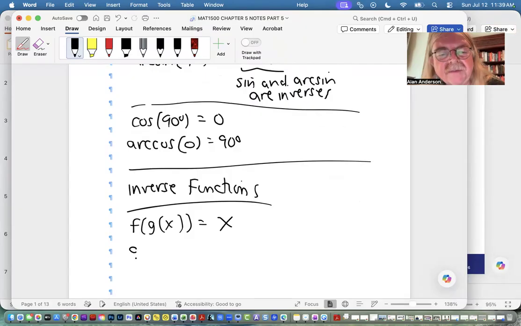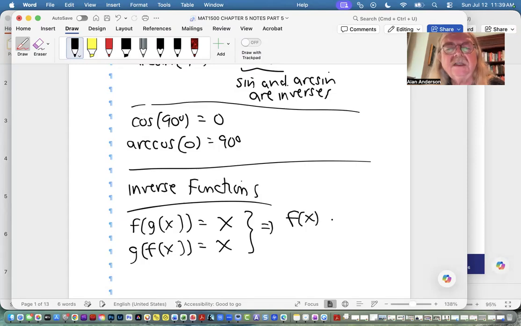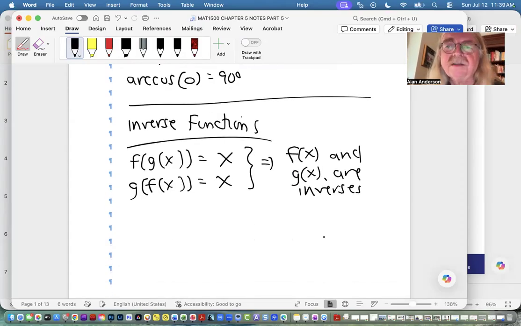If the following two statements are true, this implies that f of x and g of x are inverses. It also implies this important result.